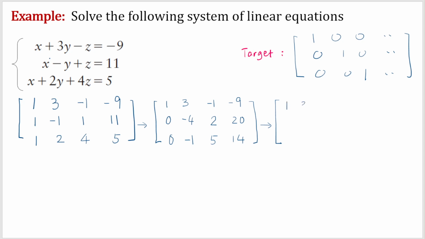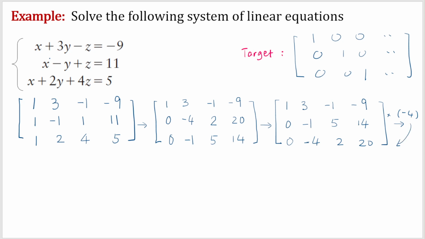So the first row does not change, which is still here. Then switch these two rows. Okay, then next we can use the second row here times -4 and add it to the third row, right?